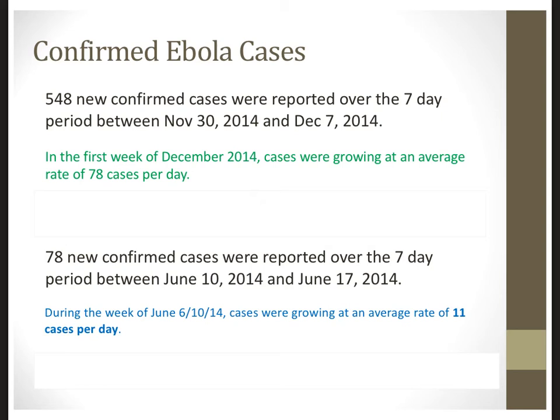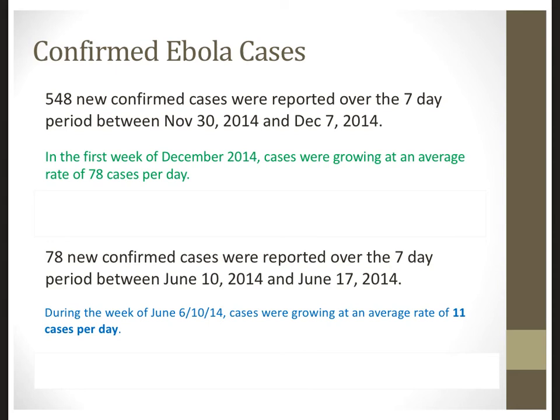In class, we pretty much did this sort of analysis where we said in that first week of December, there were 78 cases on average per day, compared to in mid-June, there were an average of 11 cases per day. So in absolute terms, it would seem like the cases were increasing more significantly in the first week of December than they were in mid-June.